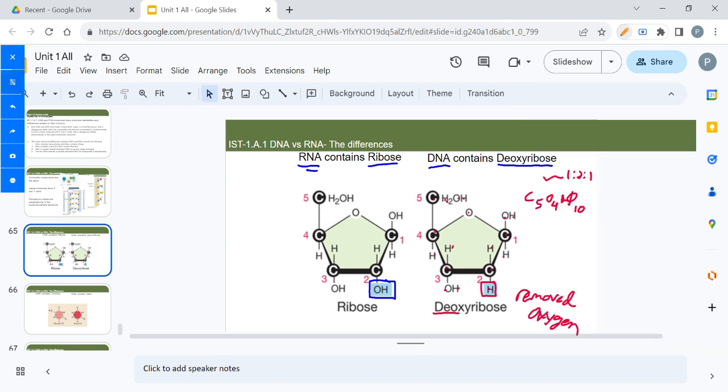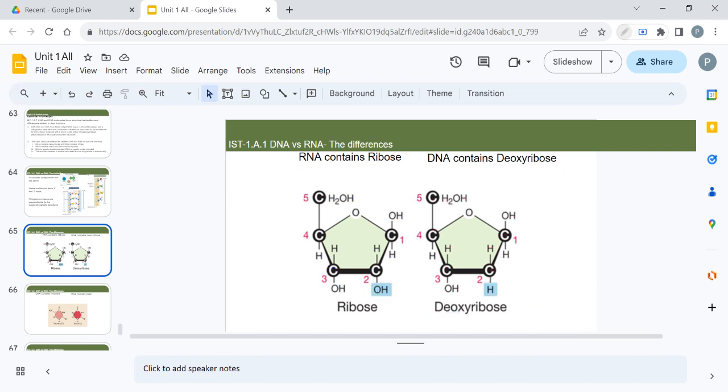Same thing: 5 carbons, C5, 5 oxygens, and the hydrogens 1 through 10. So just a heads up, really the only difference here is this oxygen right here, versus deoxyribose.